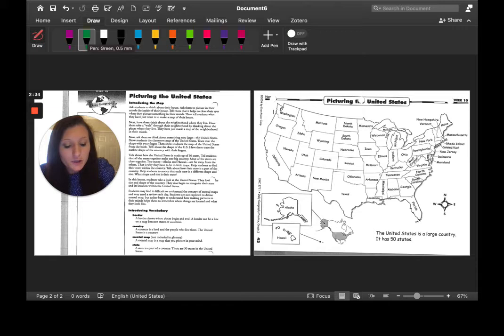We're going to take green to represent land, and we're going to go around and trace. We see right where Ohio is on the map. We're going to trace the whole outline of the United States of America.